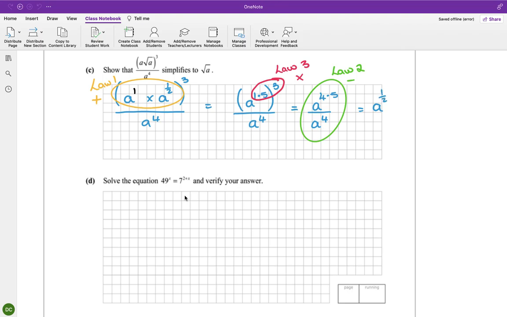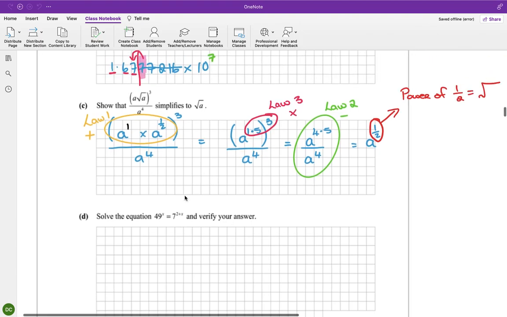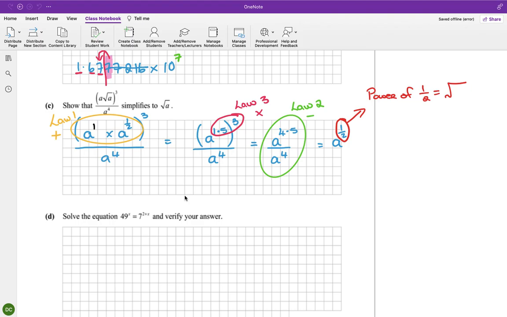And then remember from the beginning, the power of a half is a root. So that's the square root of A, which is what we wanted.